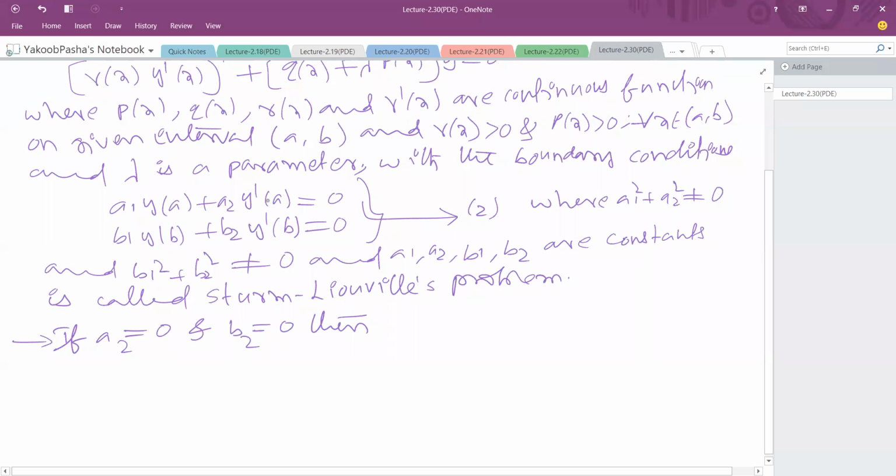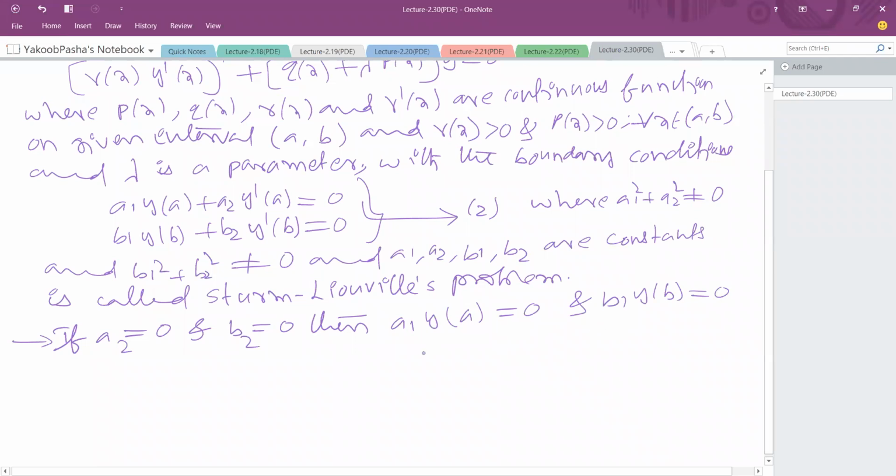If a2 is 0, this term vanishes. If b2 is 0, this term vanishes. Then we get a1 y(a) = 0 and b1 y(b) = 0.